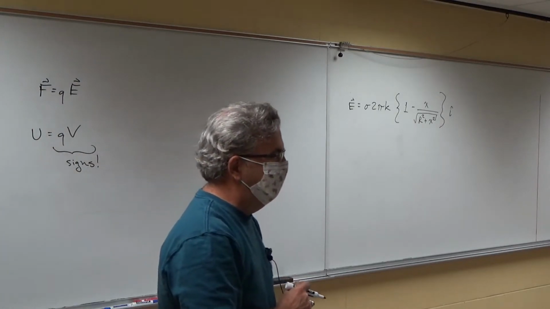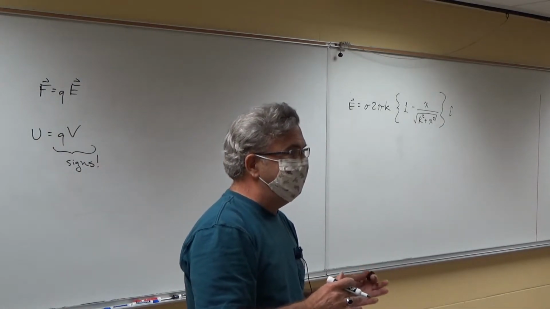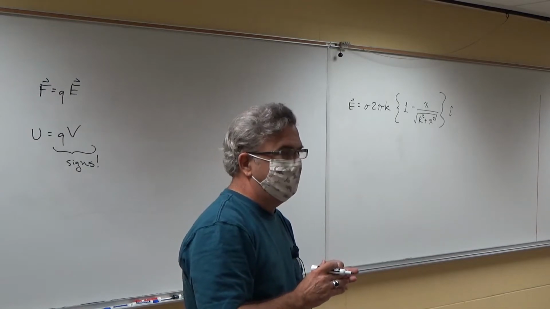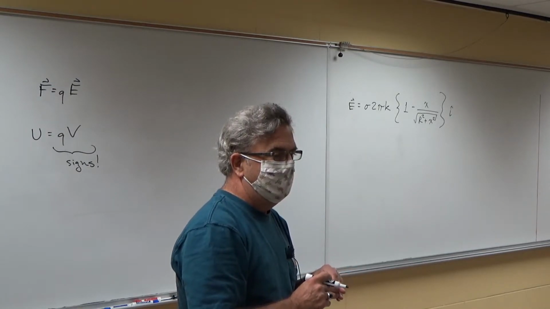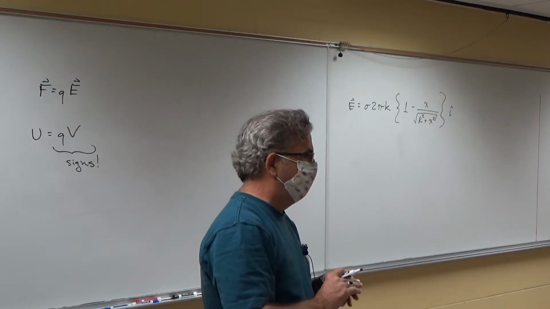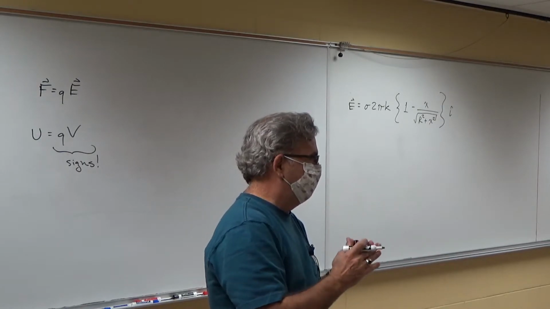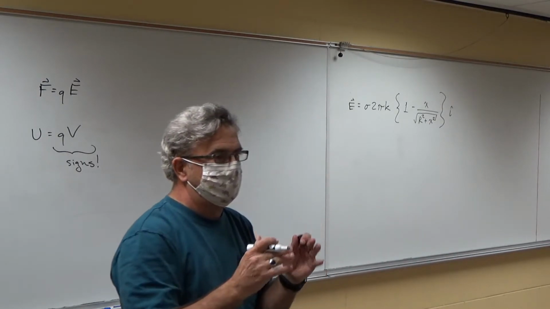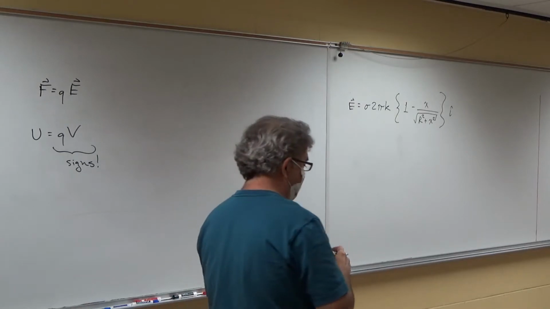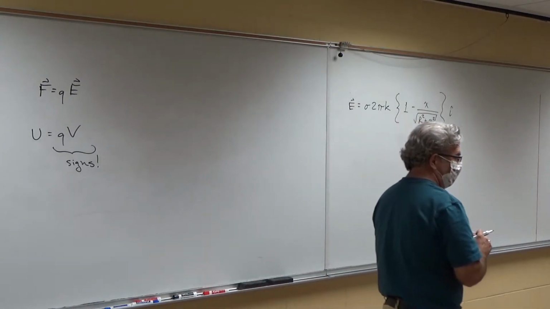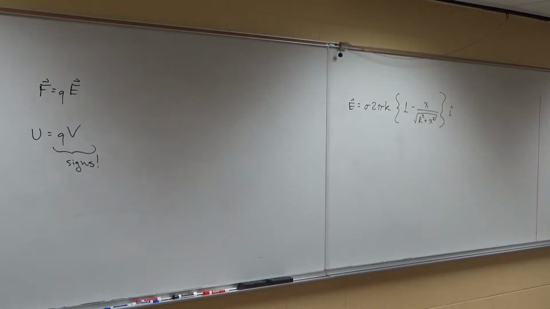Usually you're interested in the change in potential energy, delta U, how the potential energy changes. If it's a conservative system, then you can use the work energy theorem, change in kinetic energy and change in potential energy, and do calculations, which I'm going to do shortly.